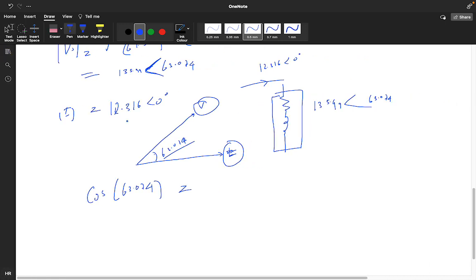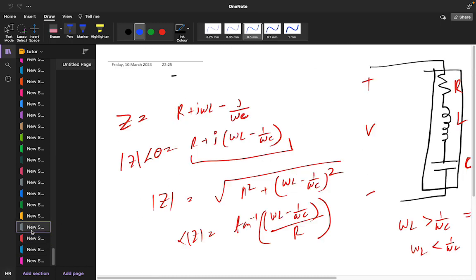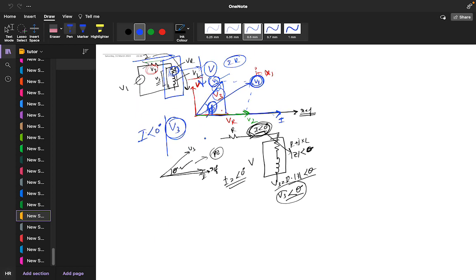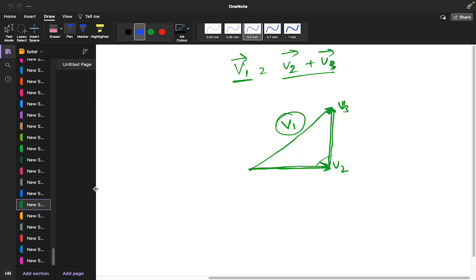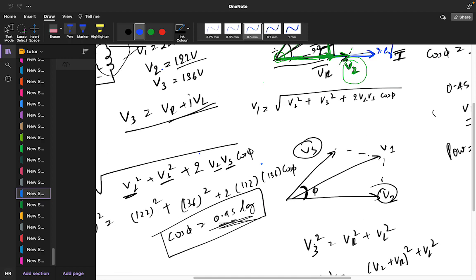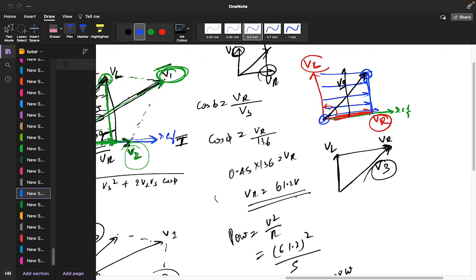Prasanna, what will the answer? Cos 63.074, 0.45. So by this way we can also solve. In the same way, we did these questions in phasor form and we got the result 0.45, and the VR value and current value we got the same.